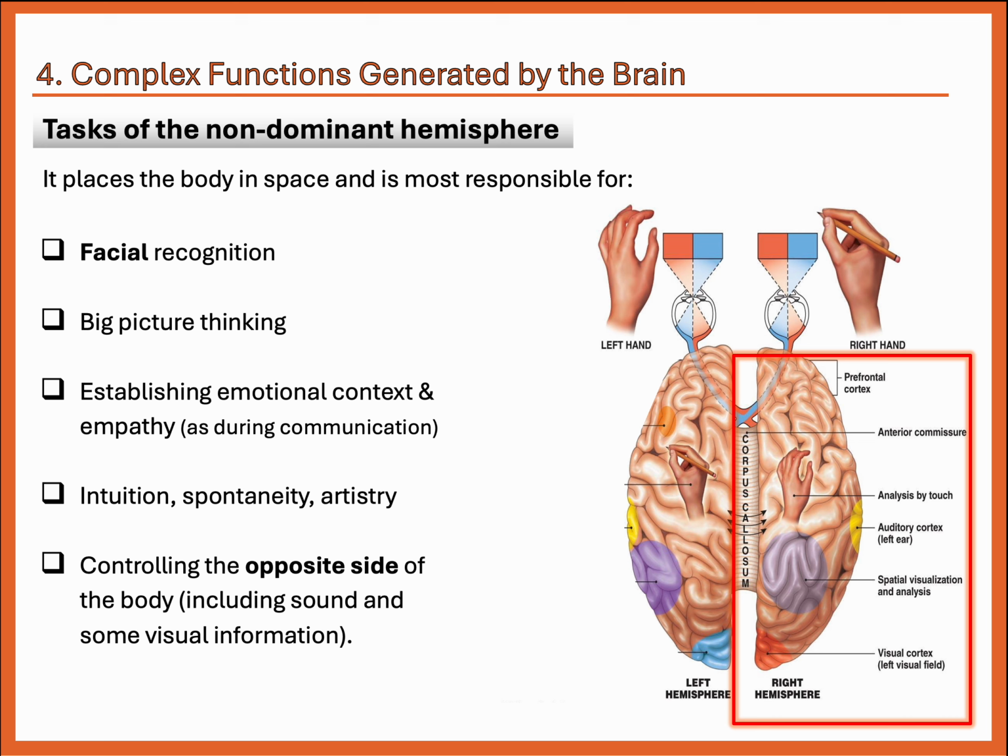The big picture thinking, emotional contexts, empathy during our communication, intuition, spontaneity, artistry, all of this. This is where the idea of the creative mind comes in, but it's not quite accurate, right?